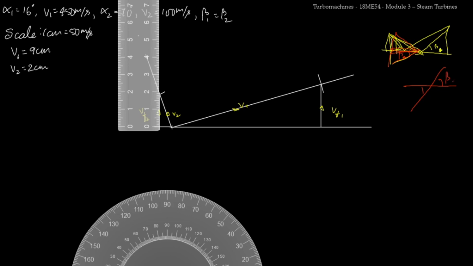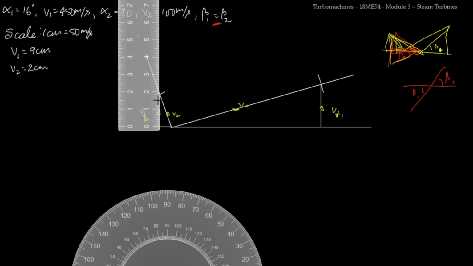So this is beta 1 in our case, this is beta 2, which is also equal to beta 1. That is the data given in the problem. So this forms a straight line. So I am using this concept here to find where the line, that is the VR1 and VR2 line, will intersect the horizontal line over here.